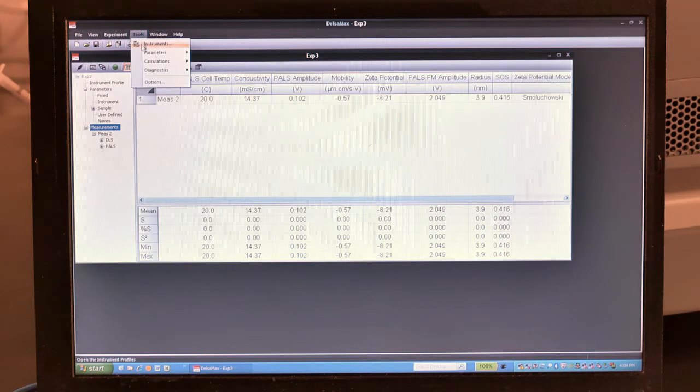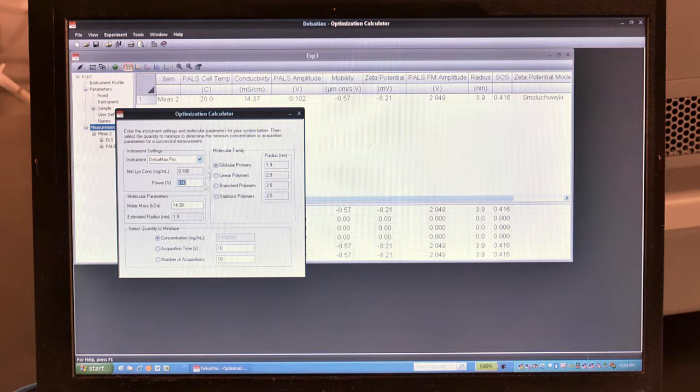We're going to take advantage of one of the tools under calculations known as the optimization calculator. In this optimization calculator, we enter in the molecular weight of our particle, which in this case for a surfactant is 0.3 kilodalton. We enter in the concentration.